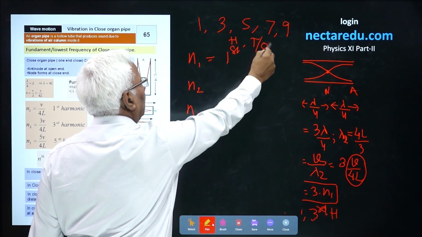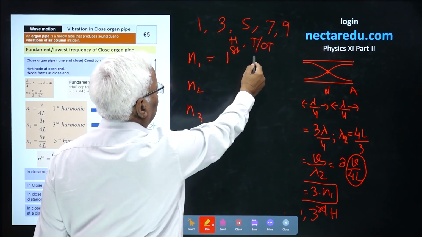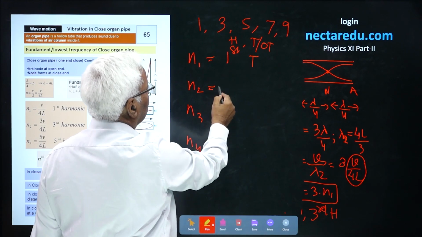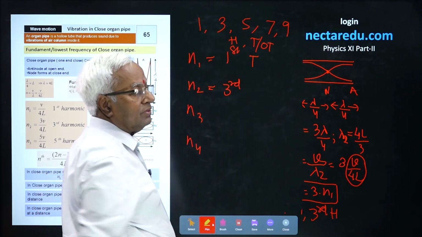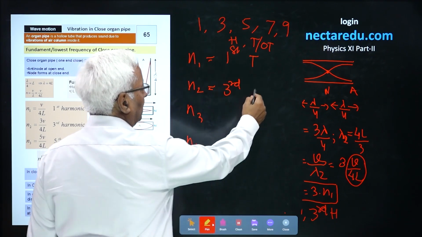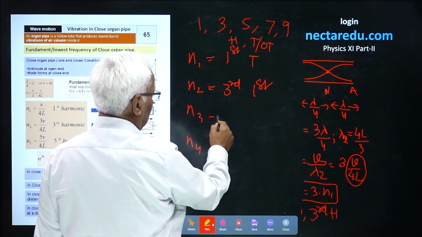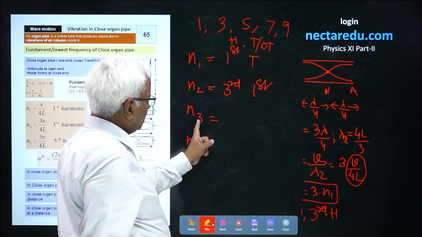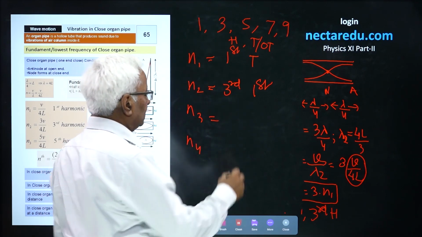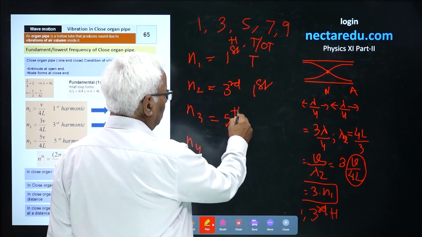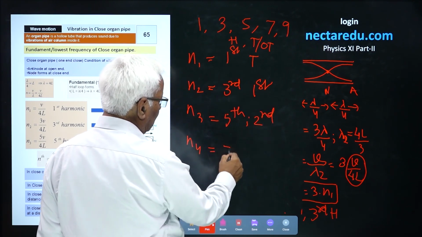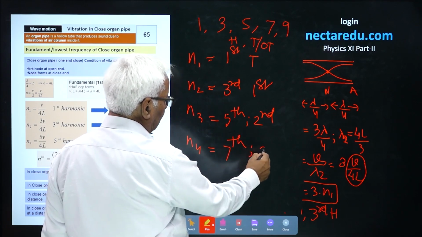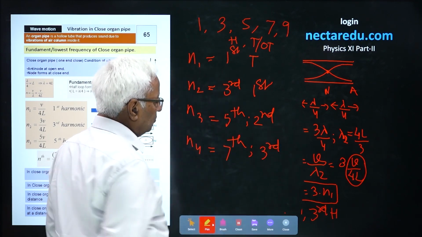Then N2 is the third harmonic and first overtone. N3 will be 2 into 3 minus 1, that means fifth harmonic, but this would be the second overtone. Likewise here it is seventh harmonic and third overtone.